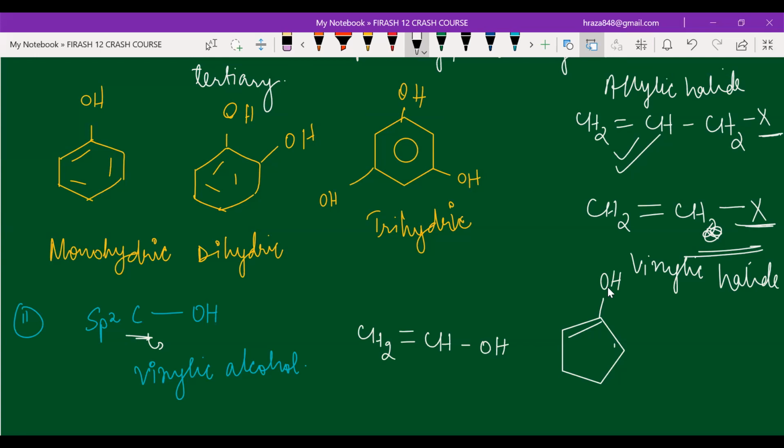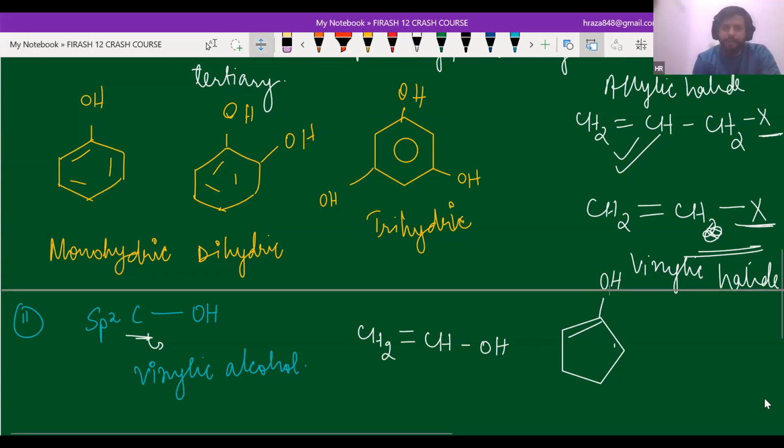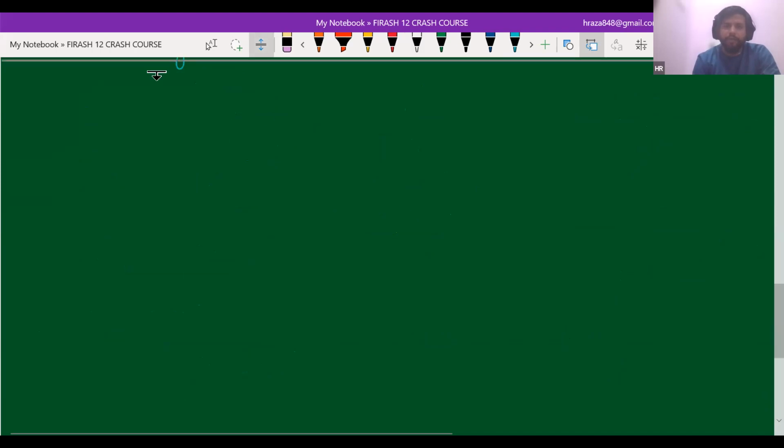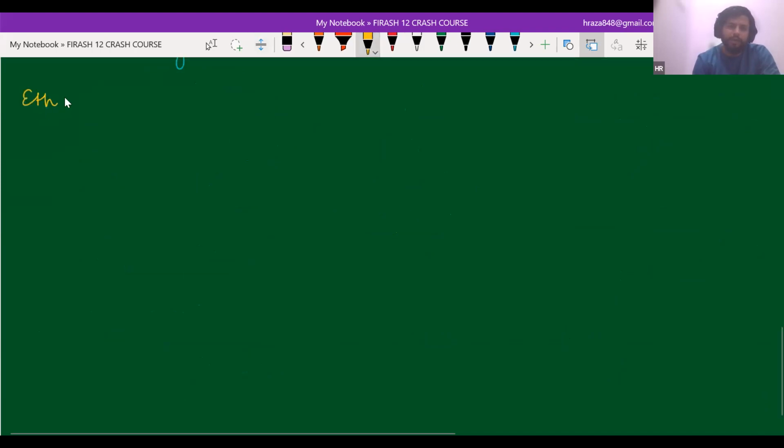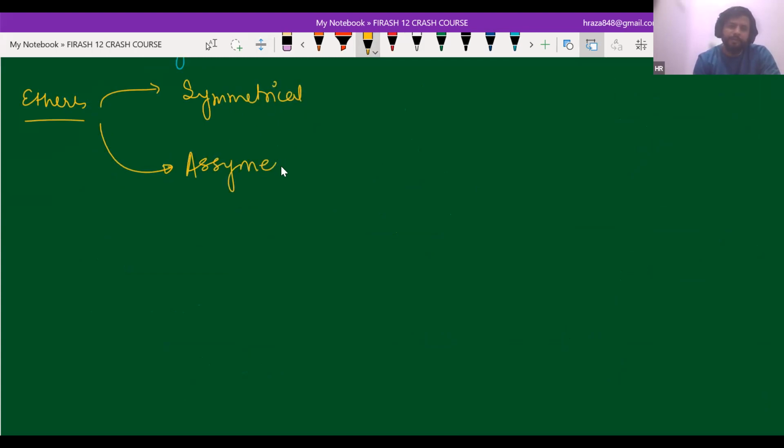Can you change the slide? So now we just talked about alcohols and phenols. Now go for ethers. We can divide ethers into two parts: symmetrical ether and asymmetrical ether. The general formula is ROR or ROR dash.